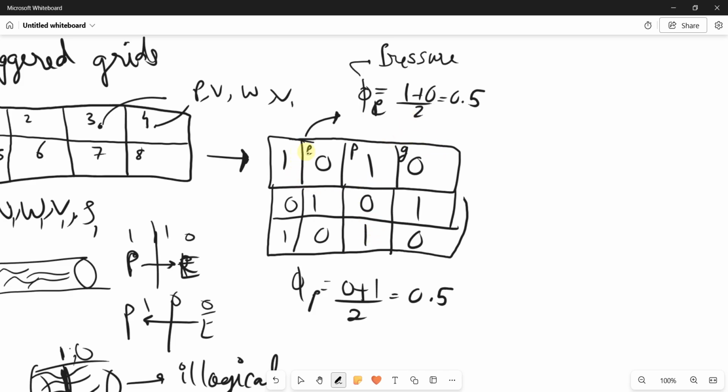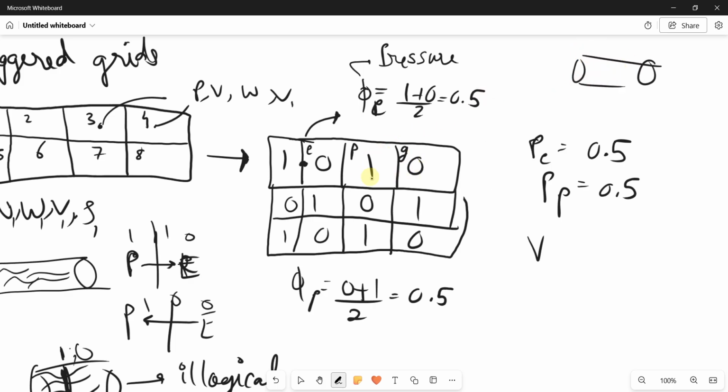As I told, at this face you have got the pressure at E equal to 0.5, and the pressure at P is also 0.5. Now, if I have to find the velocity of flow, just imagine that this was a pipe and this whole grid is technically this flow.